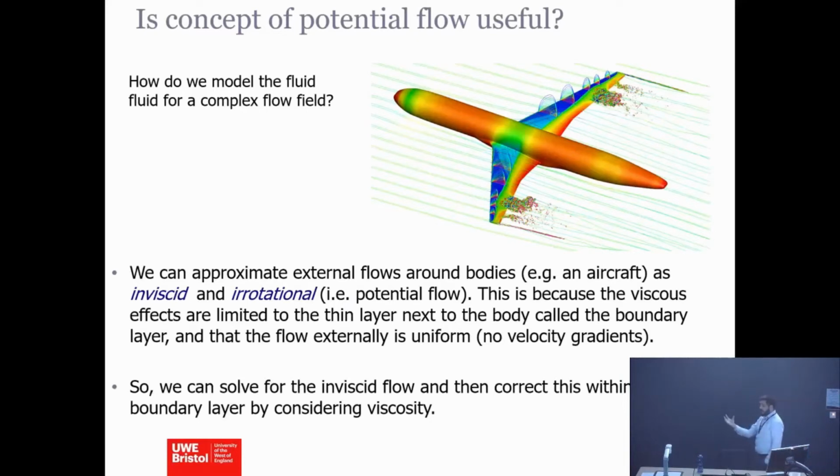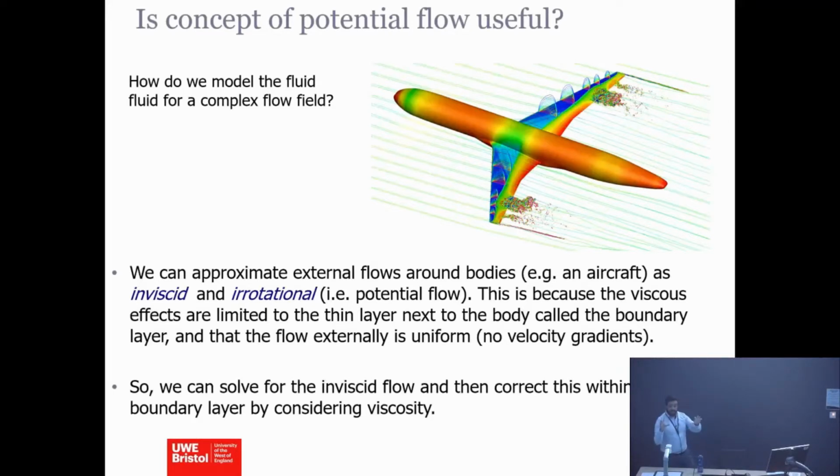So straight away, you can make the approximation of a potential flow away from the solid boundary of the aircraft, and you can get a nice solution, quite reasonably accurate, actually. But then you have the problem: what about the flow very close to the body of the aircraft? Well, there are methods where you can take into account the boundary layer effects due to viscosity, but that's another matter.